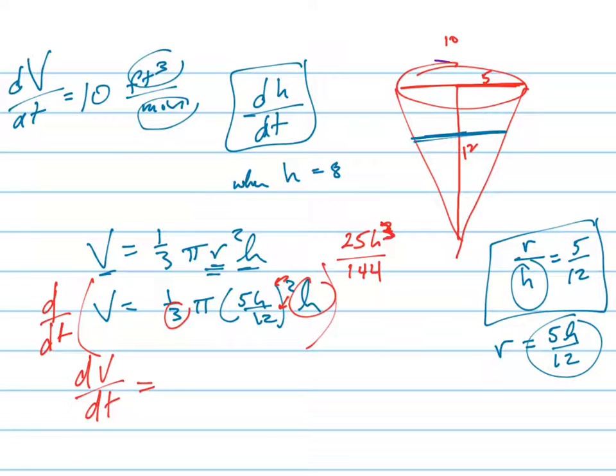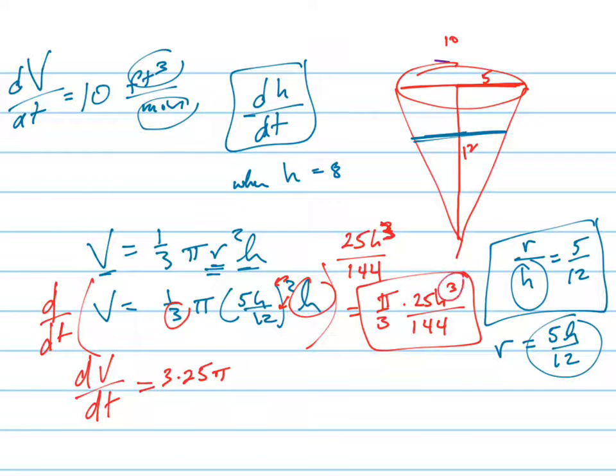With the 3 on the bottom, this is going to equal pi over 3 times 25h cubed over 144. Taking the derivative with respect to time gives me 25 pi times 3, because I'm taking that exponent down, over 3 times 144. I can just cancel those out, times h squared, times dh/dt. Chain rule.